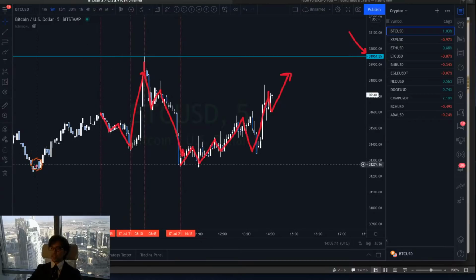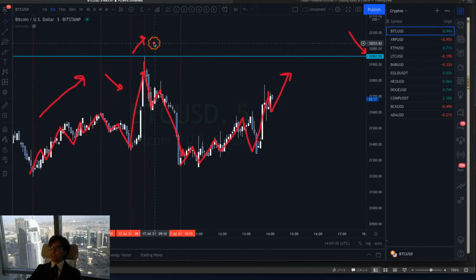And previously, it was up in waves since 4:05 a.m. To make a long story short, it was uptrending between 4:05 and 6:55, and afterwards it became bearish until 8:10, and then it became bullish until 8:45, and afterwards became bearish until 10:15, and then afterwards it went upwards this way.